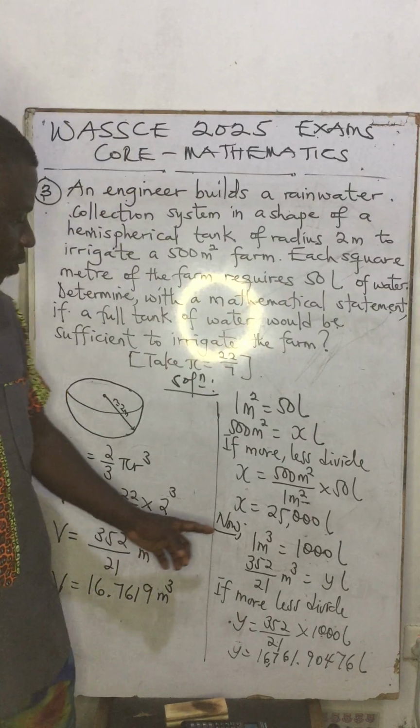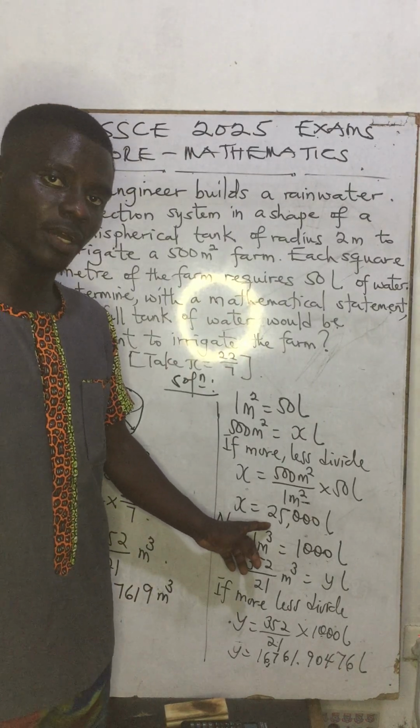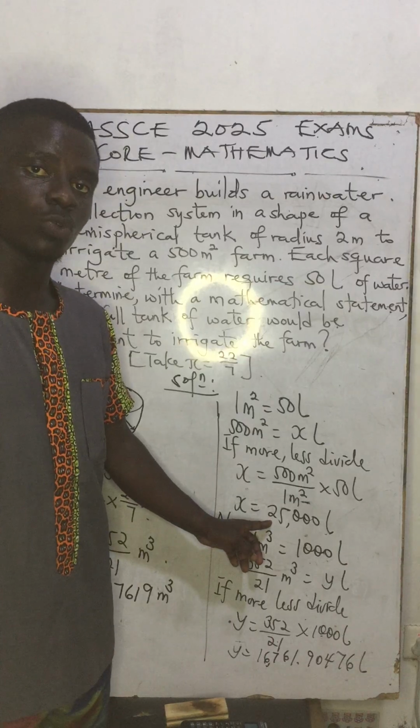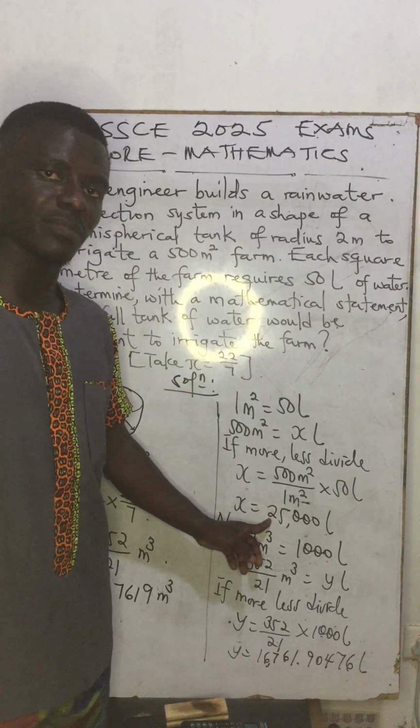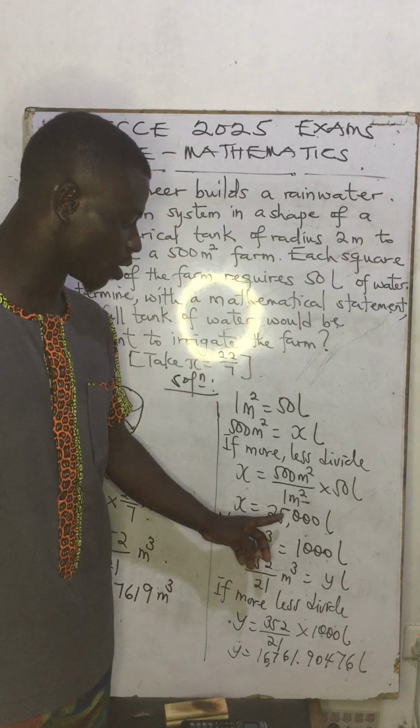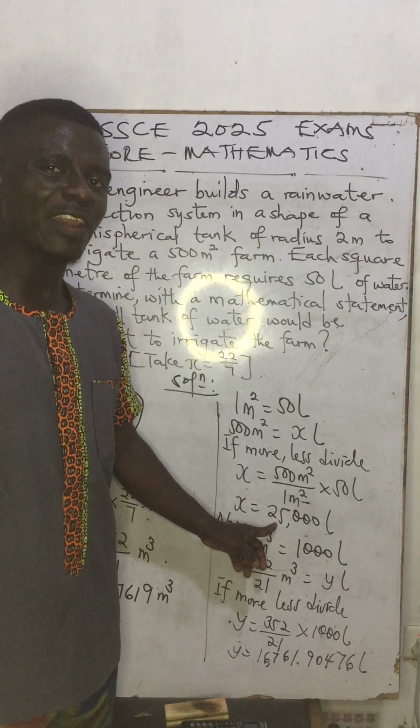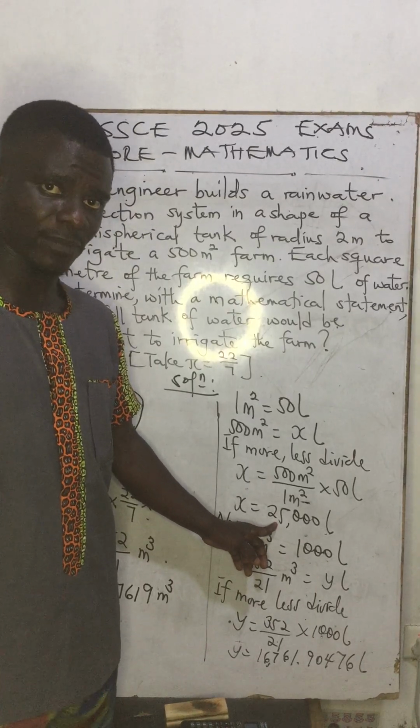Now check the volume of water we require to irrigate the farm. The volume of water we require to irrigate this 500 meter square farm is 25,000 liters of water.